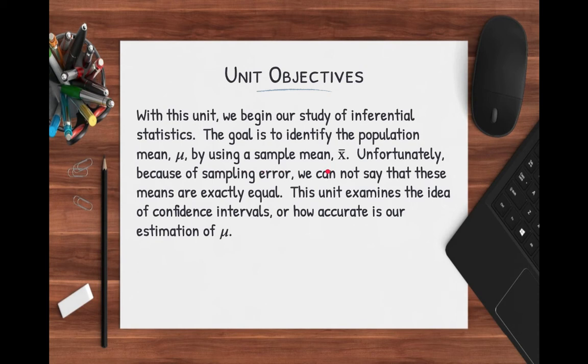Because, as we've said many times, censuses are wonderful for describing a population, but we generally can't do that. And we know when we're using a sample mean, we will get sampling error. So we can't necessarily say x bar does equal mu.